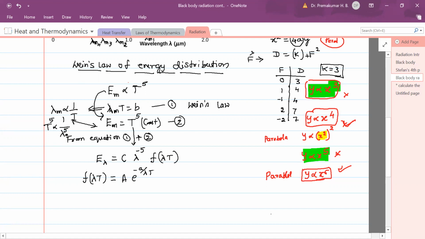Again, small a and capital A are constants, different constants anyway.